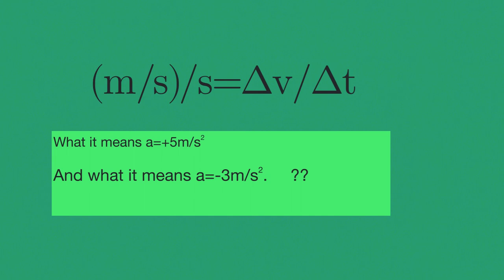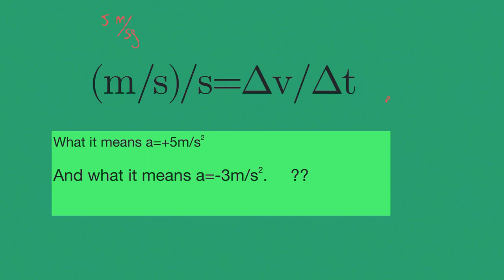So meter per second squared is the unit of acceleration, because delta v is meter per second. It's maybe 5 meters per second minus 3 meters per second is 2 meters per second, divided by second. But what does it mean, plus 5 meters per second squared?